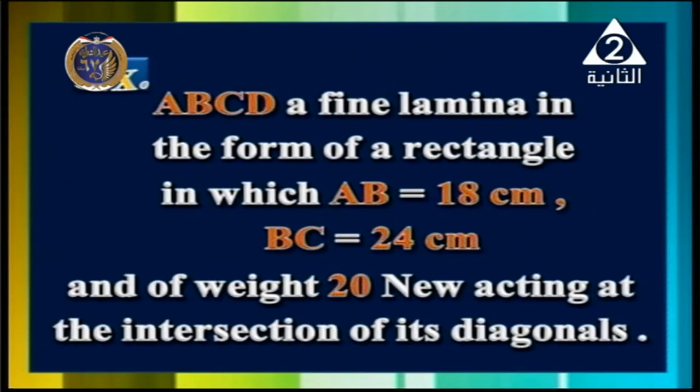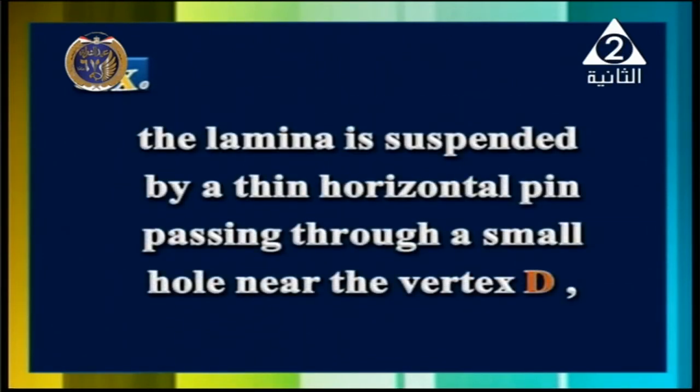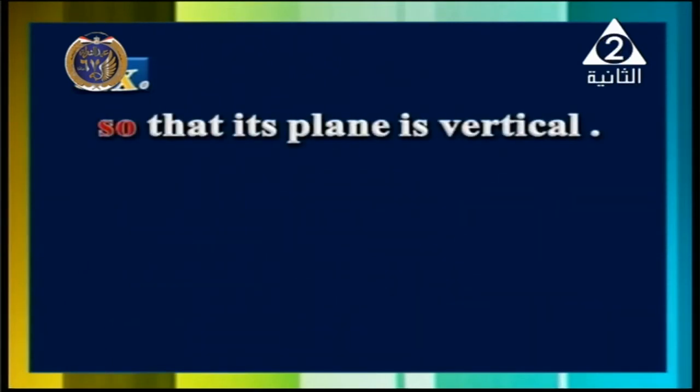Weight 20 Newton acts at the intersection of its diagonals. The lamina is suspended by a thin horizontal pin passing through a smooth hole near the vertex D, so that its plane is vertical.